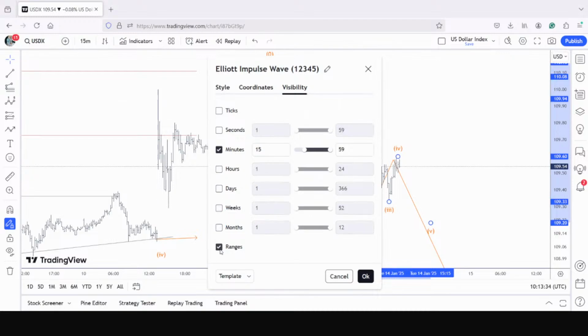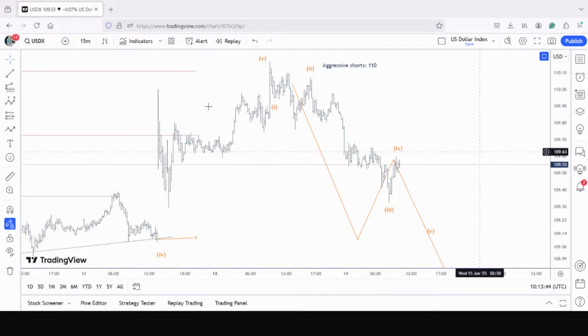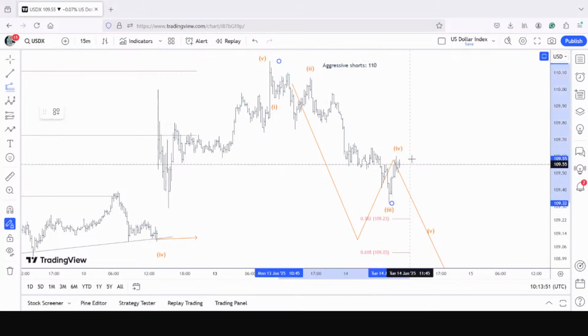I think by the next session, when we are here in New York, we should be somewhere close to 109 levels. All right, and there is a Fibonacci extension also which we can take up and try and find out. There you are.